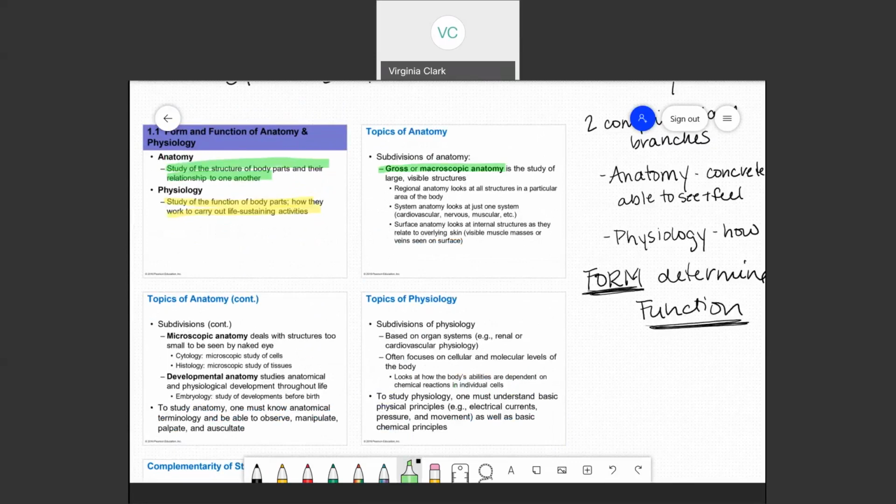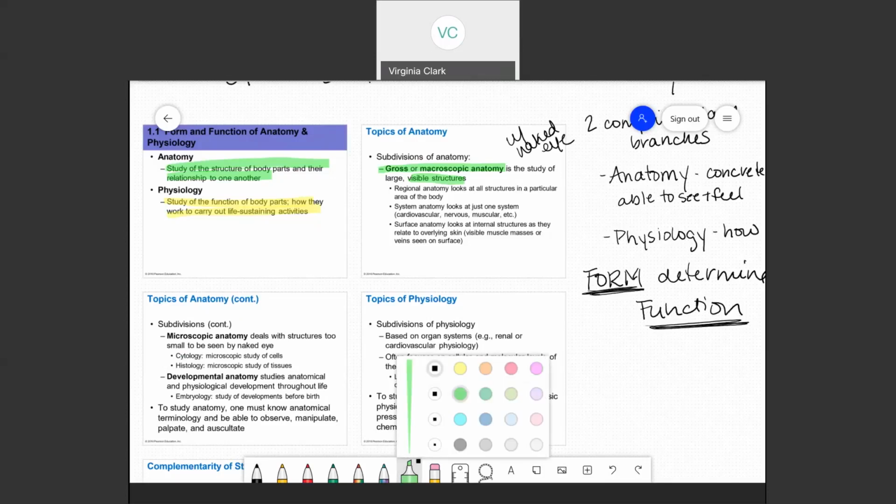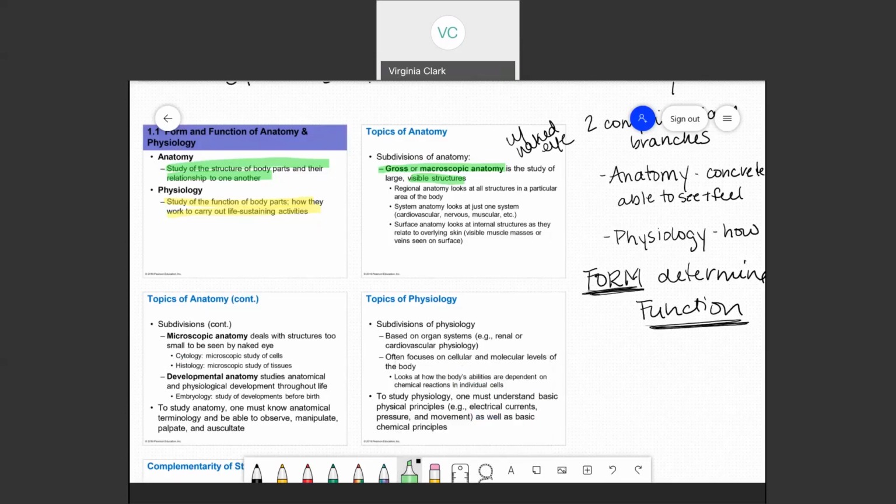These are large, visible structures. Whereas microscopic anatomy covers things that are too small to be seen with the naked eye. You are going to need a microscope to study those.